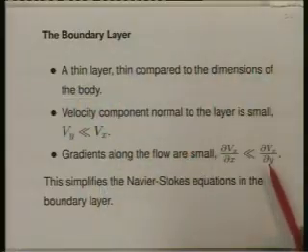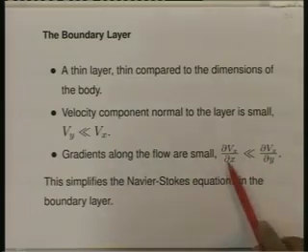In particular, the simplification uses the fact that the y component of velocity is much smaller than the x component of velocity, and any component of velocity varies significantly in the y direction compared to its variation in the x direction. The Navier-Stokes equations simplified using the boundary layer approximations are known as the boundary layer equations.